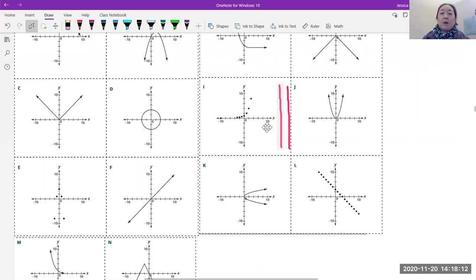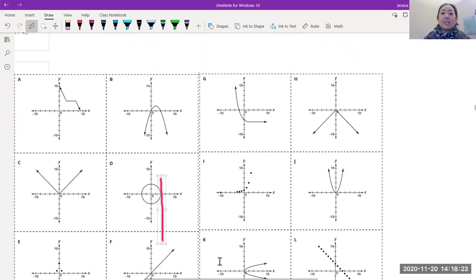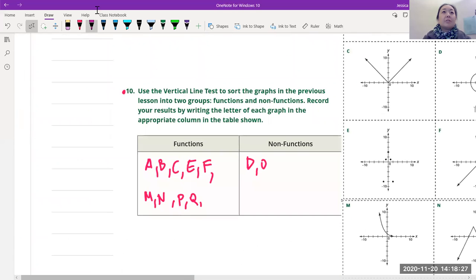So all those are functions, but this guy, see, broke it right there. And this L is definitely a function. Okay, so it's just everything but K. So G, H, I, J, and L are all functions. So we're going to say G, H, I, and then J is over here.